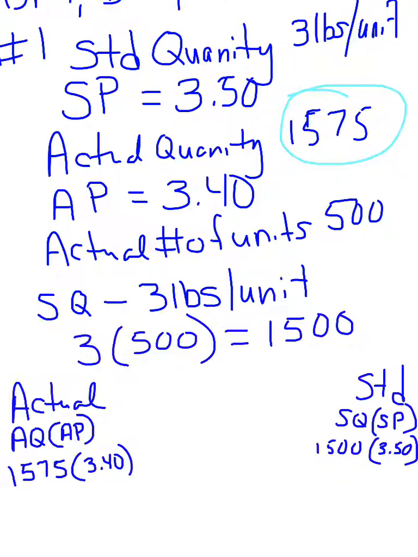and my standard price is $3.50. So when I do the math here, 1,575 times 3.40 is going to give me $5,355. When I look at the standard, I'm going to take the 1,500 times 3.50, and I'm going to get $5,250.